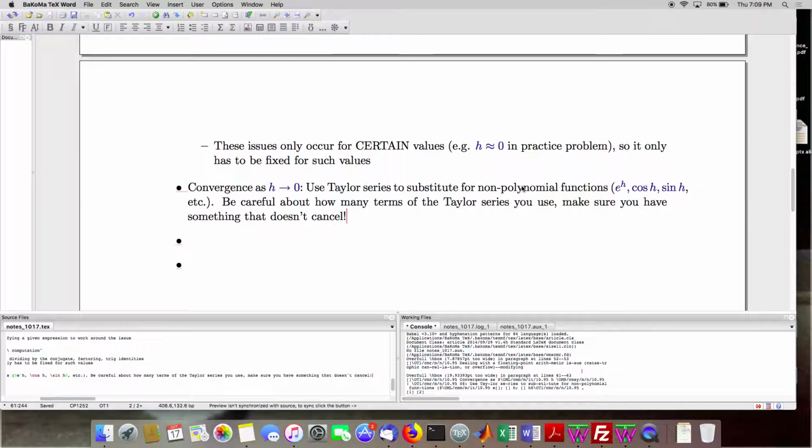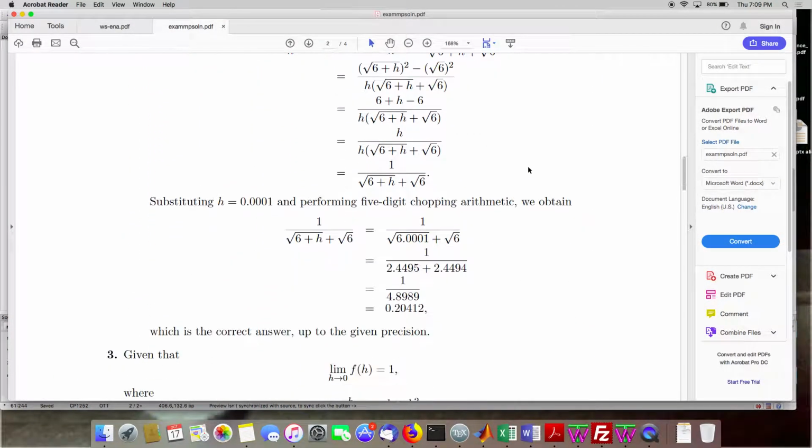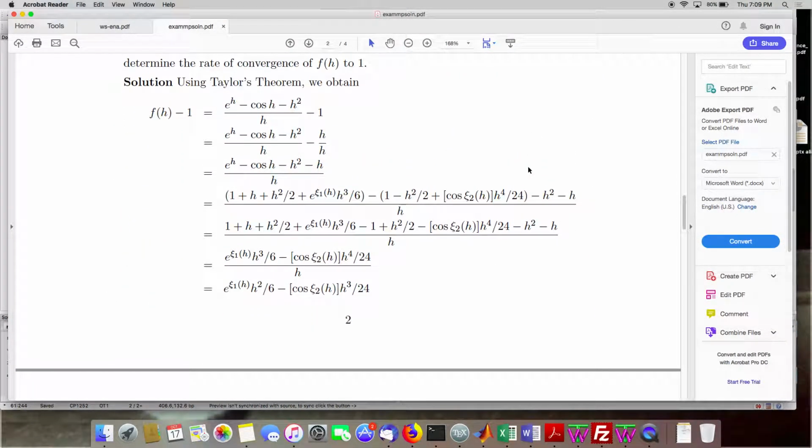So there were two Taylor series that were substituted in. And the thing is, the 1 from e to the h cancels with the 1 for cosine. So you definitely need to go further than that.